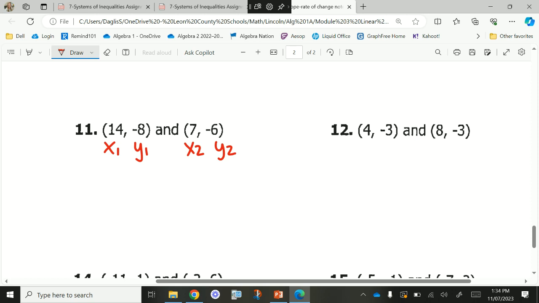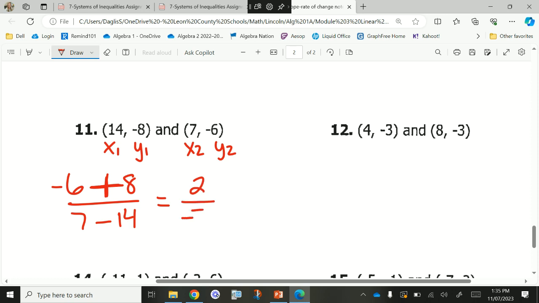All right, so minus over minus. What's my top going to look like? Good. -6 minus -8. Uh-oh. There you go. Change that to a plus. Good. And then this is 7 minus 14. All right. 2 over -7. Good. Can I reduce that any more?